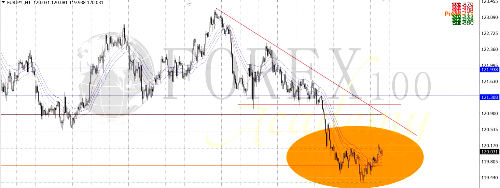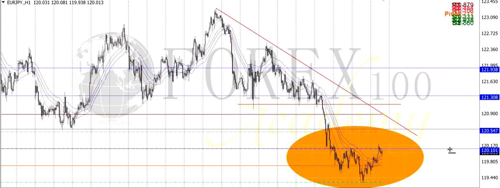Target 1, 120.54. There will be this price over here. That will bring me to 76 pips of profit. Target 2, 120.10. That will bring me to 120 pips of profit over here. Target 3, 119.40.